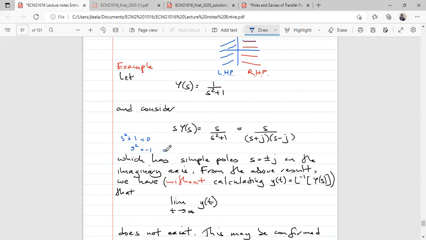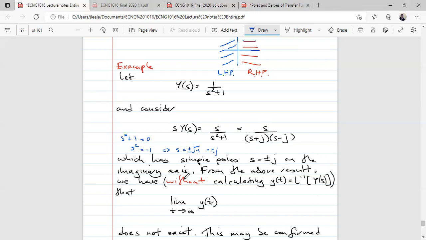This implies that s must be plus or minus the square root of minus 1, which is really plus or minus j. So these poles are complex, and remember that complex poles come in conjugate pairs.